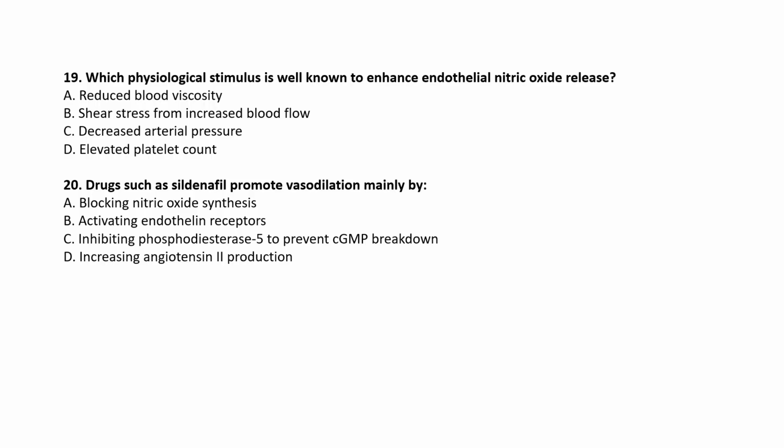Right? So what we want with the help of this drug is to increase blood flow. There's a specific phosphodiesterase that degrades cyclic GMP, and cGMP we need for this vasodilation process.